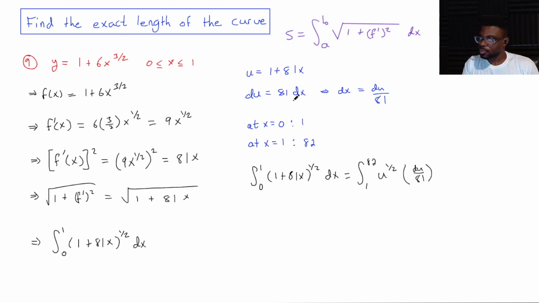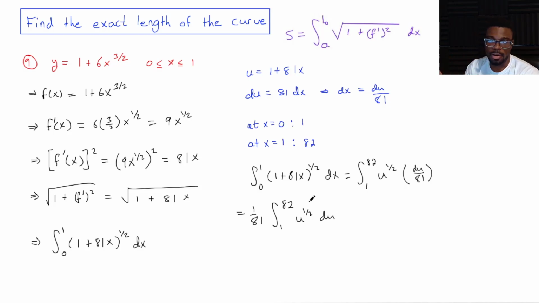Notice that the u is being raised to the power of 1/2, just like the 1 plus 81x was also being raised to the power of a half. So this is a lot simpler to deal with than this function here, right? Because the 1 over 81 here, we can bring it out as a coefficient. So now we have 1 over 81 multiplied by the integral from 1 to 82 of u to the power 1/2 times du.